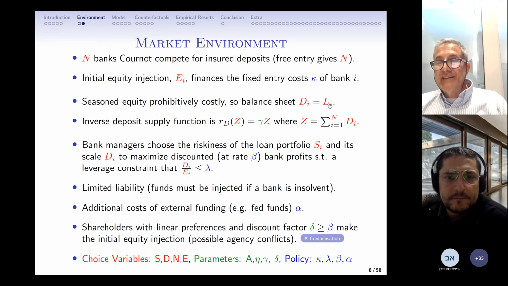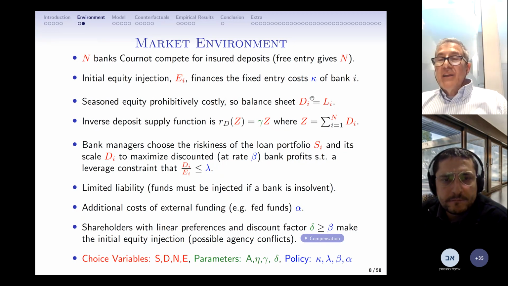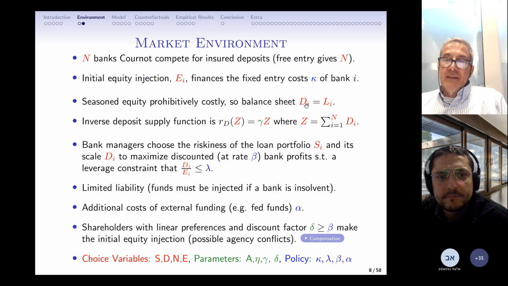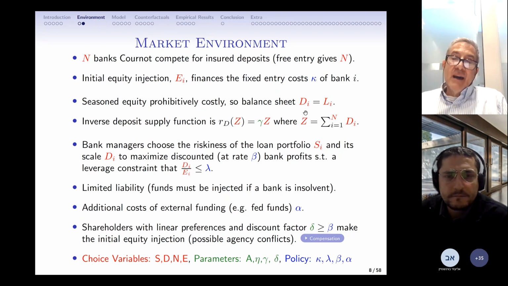Now, the good question that Jonathan was asking is that in the real world, if you were to look at the bank balance sheet, it's going to have not only D and E, where the D is insured deposits, but also uninsured deposits and wholesale funding.